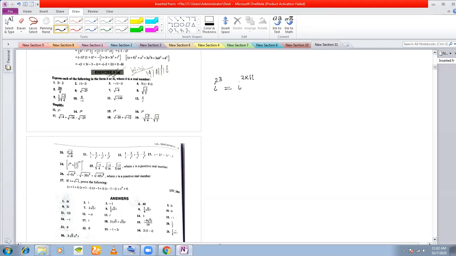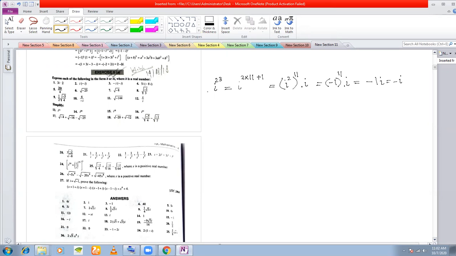So 2 into 11 will give you 22 and you need to add a 1. 1 is the remainder. Okay. So now you can write this as I square to the power of 11 into I. I square is minus 1 to the power of 11 into I. And minus 1 to the power of 11, negative power raised to an odd power will give you a negative. So minus 1 into I, which is minus I. Okay. So that is how you deal with this.